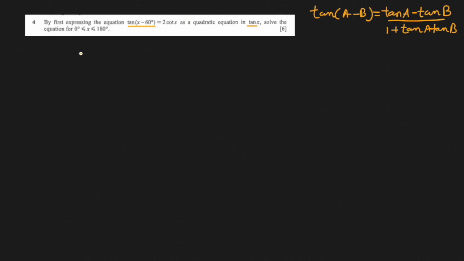According to this, it will become tan x minus tan 60 degrees, over 1 plus tan x tan 60, equal to cot x. Cot x is the reciprocal of tan.